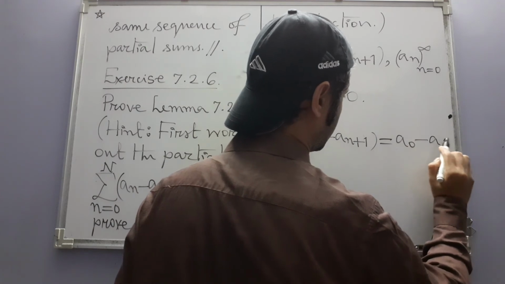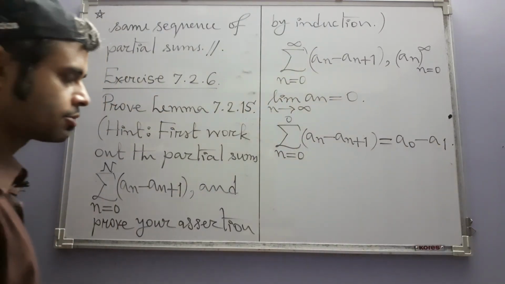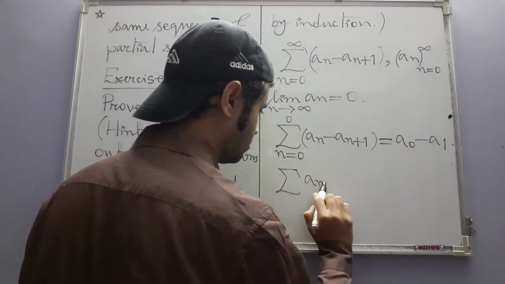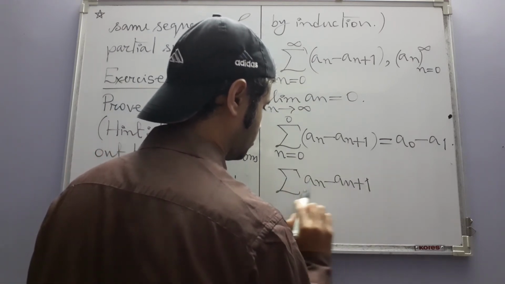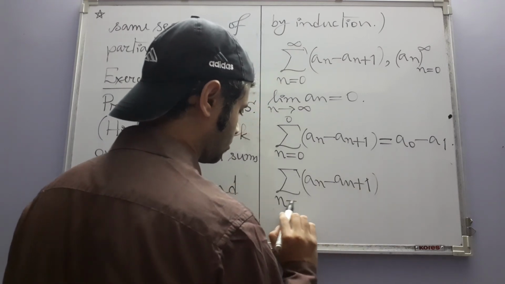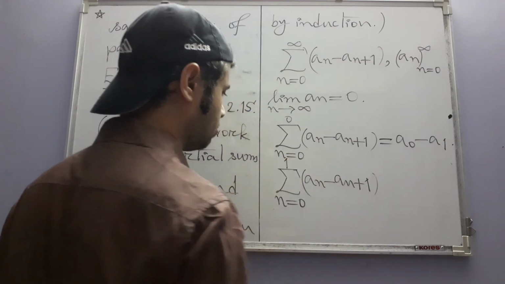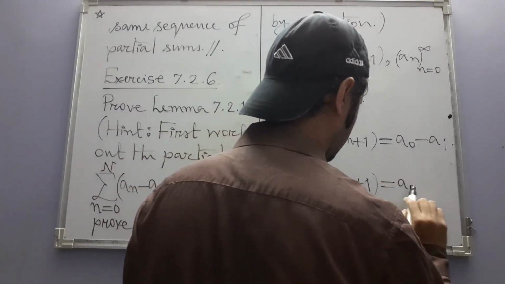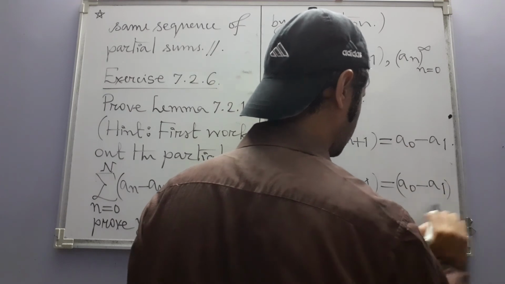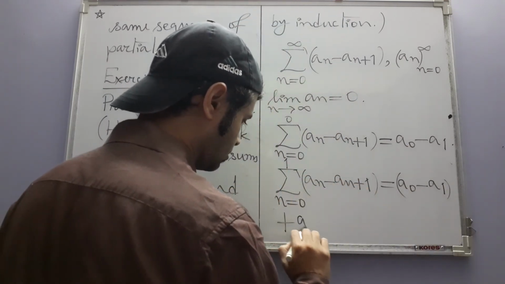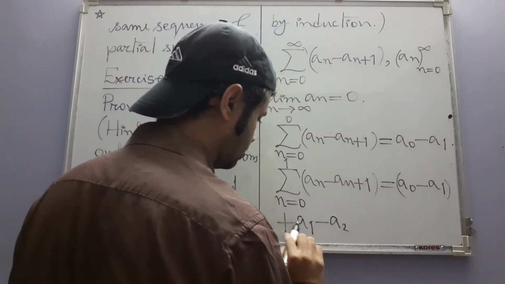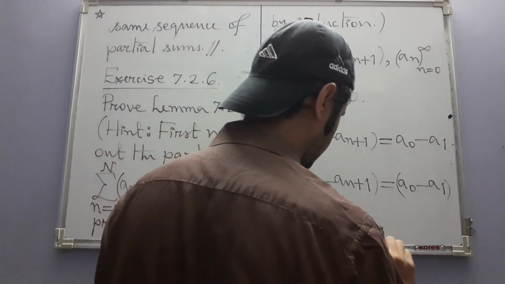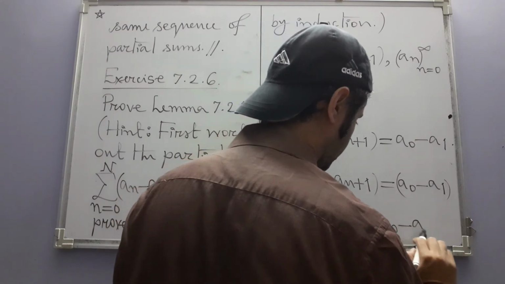So you get a0 minus a1. Let's look at the second one. Here there will be two terms, a0 minus a1 plus a1 minus a2. So there is a cancellation and you have a0 minus a2.